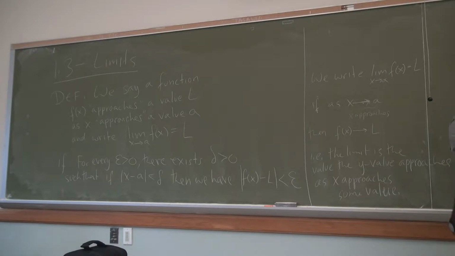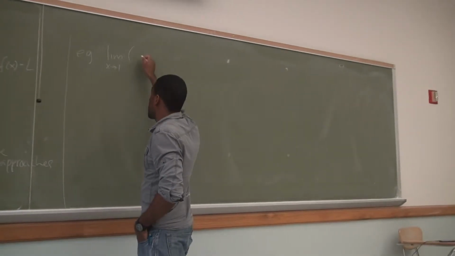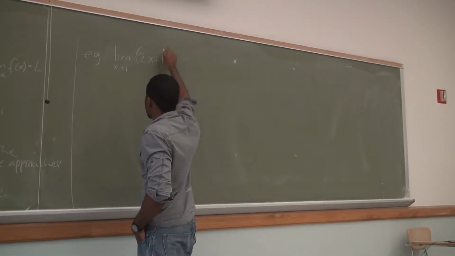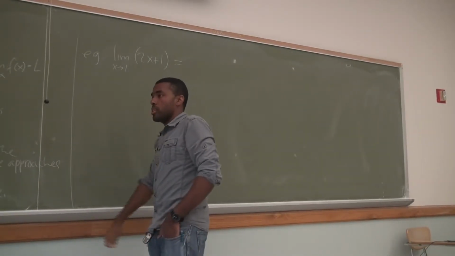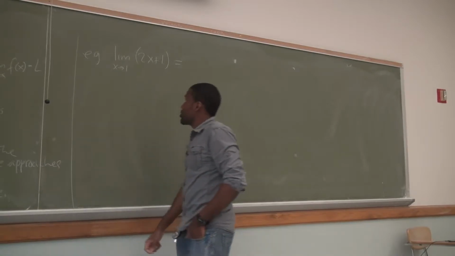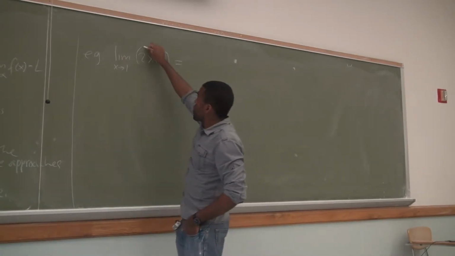Let's do an example. So I see confused faces. Alright, let's look at this one. What if I ask, what is the limit as x approaches 1 of, now I'm going to take my function to be 2x plus 1? What do you think the answer would be? 3. The answer would be 3. This here is my f of x.